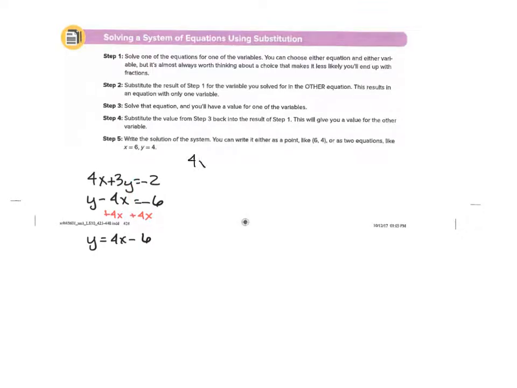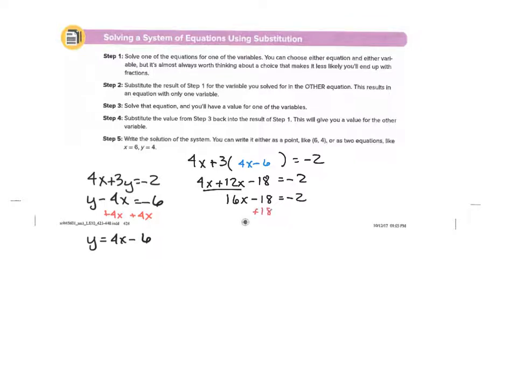So 4x plus 3 times something equals negative 2. And that something is a 4x minus 6. All right, well, let's do our magic here. 4x plus 12x minus 18 equals negative 2. This right here gives me 16x minus 18 equals negative 2.